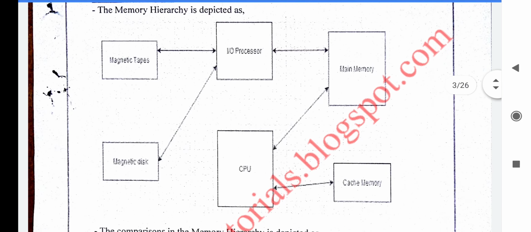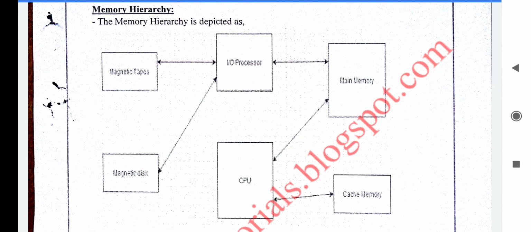Just observe the connections. The IO processor, the input-output processor, is connected to magnetic tapes, magnetic disks and main memory. The CPU, central processing unit, is connected to main memory as well as cache memory.